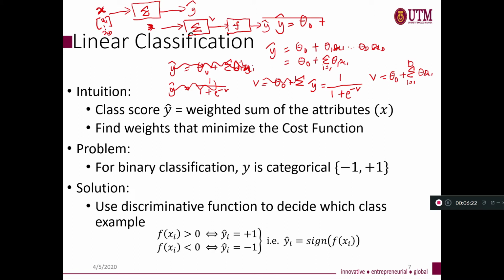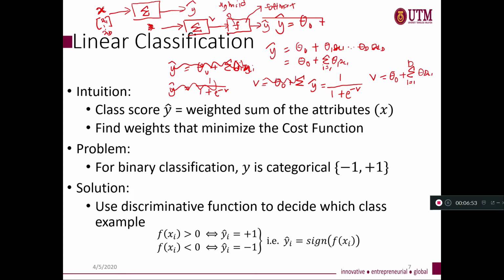One is the sigmoid function, and the other, for multi-class classification, is the softmax function. Just change this f and it becomes a multi-class classifier. If you use sigmoid here, it becomes binary classification. That is what I mean by cascade.